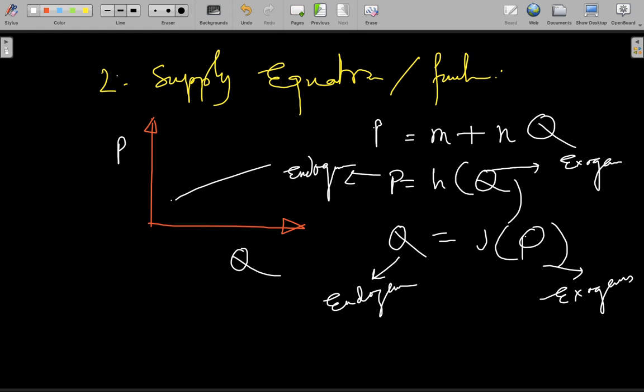Now we can have another equation where we have both variables as endogenous variables. I can have a pair of equations where I really don't know the value of P or Q, but I have to determine them.